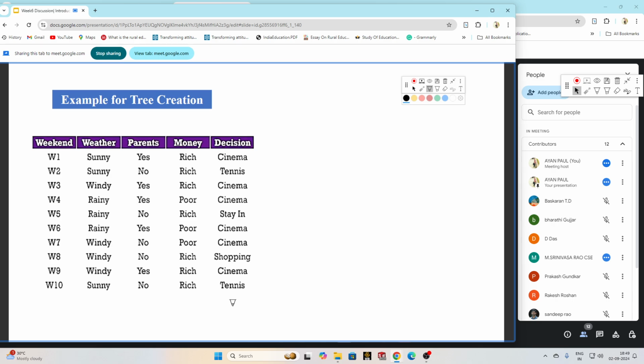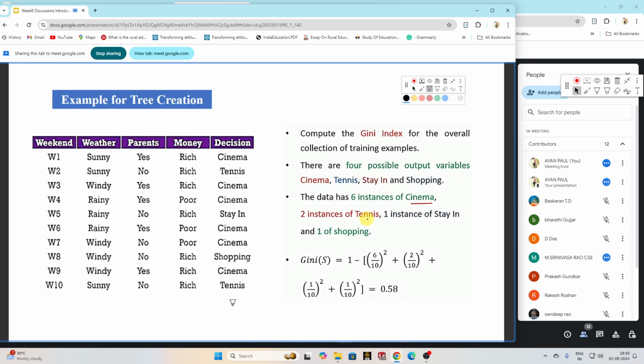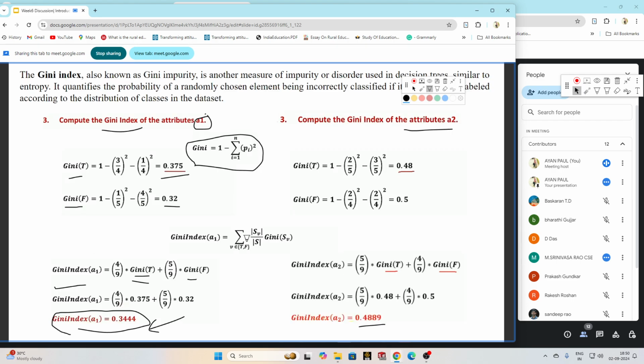Now we will use Gini index and see how we can create a decision tree. First compute the Gini index for the overall collection of training examples. The formula of Gini index is 1 minus sigma pi square, where i is the classes.